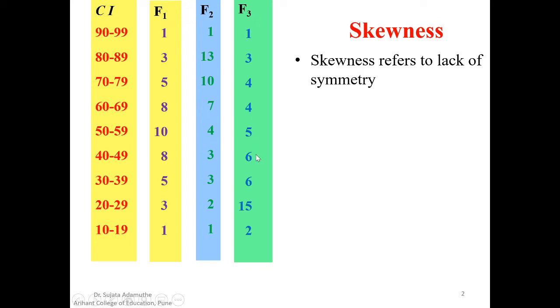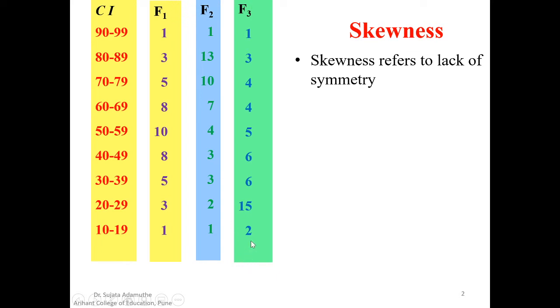If we observe the third group, again here we will see that 15 is here and it will reduce. That means the highest frequency is on the left side if we draw the curve of this group, and it will be reduced.